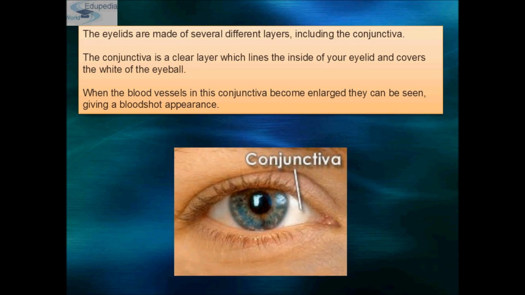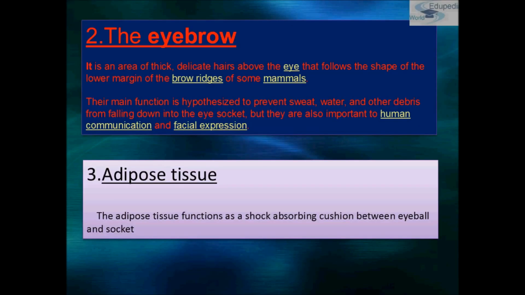Now moving on to the second protection of eye, that is eyebrow. Eyebrows are found as two arch-shaped eminences at the supraorbital margin of the frontal bone. Frontal bone I have already taught you in my previous section of the presentation.